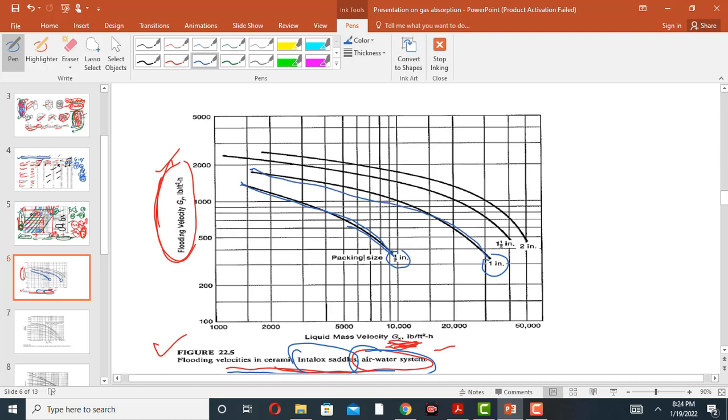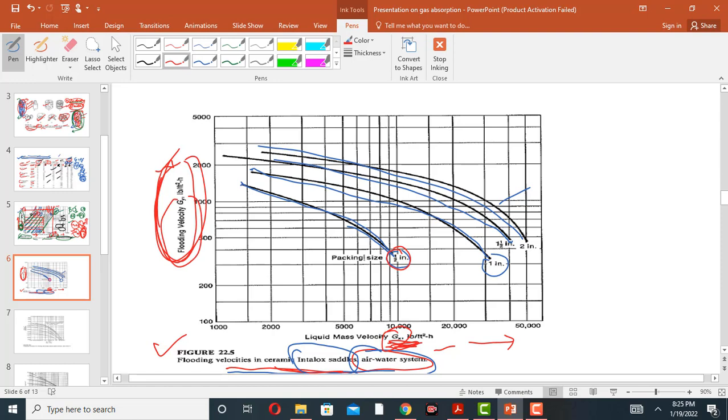Similarly, for 1.5-inch and 2-inch interlock saddle, this one is obtained. So from this graph, we can see that as the liquid mass flux increases, the flooding velocity decreases. Similarly, when the size of the packing material increases, the flooding velocity also increases.